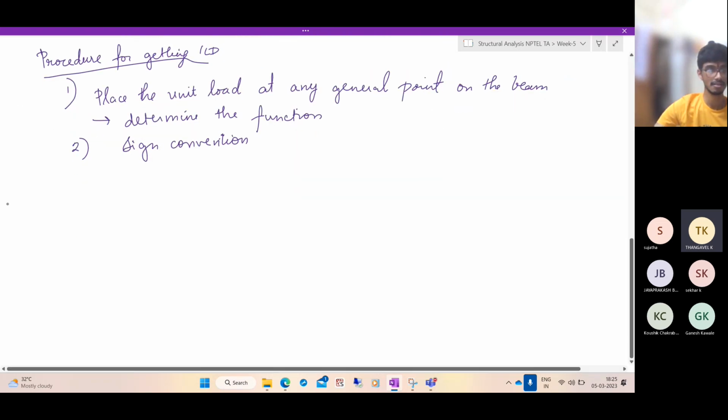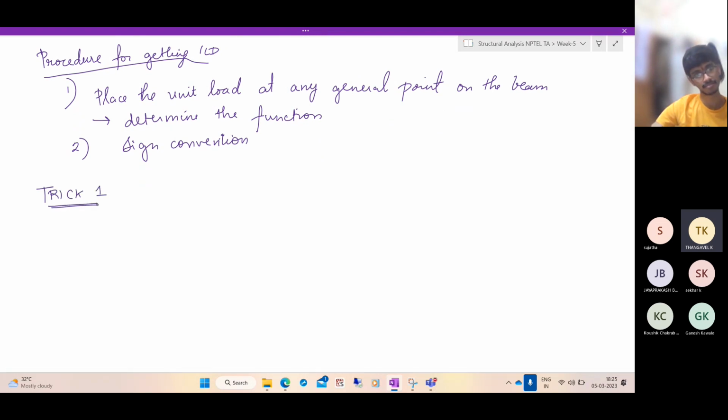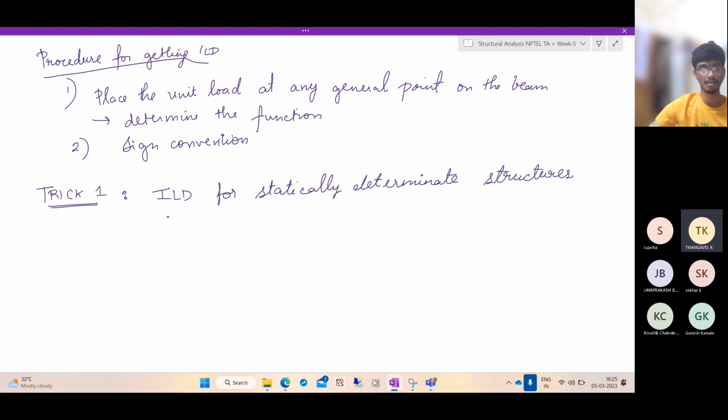What are they? The first trick is that the influence line diagram for statically determinate structures consists of straight line segments only.